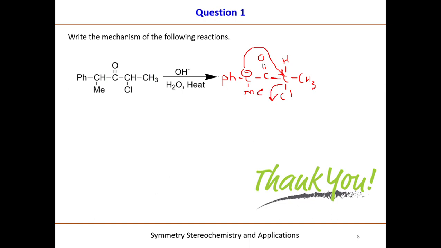This is an SN2 reaction. So we will get the cyclopropane ring intermediate here, correct?